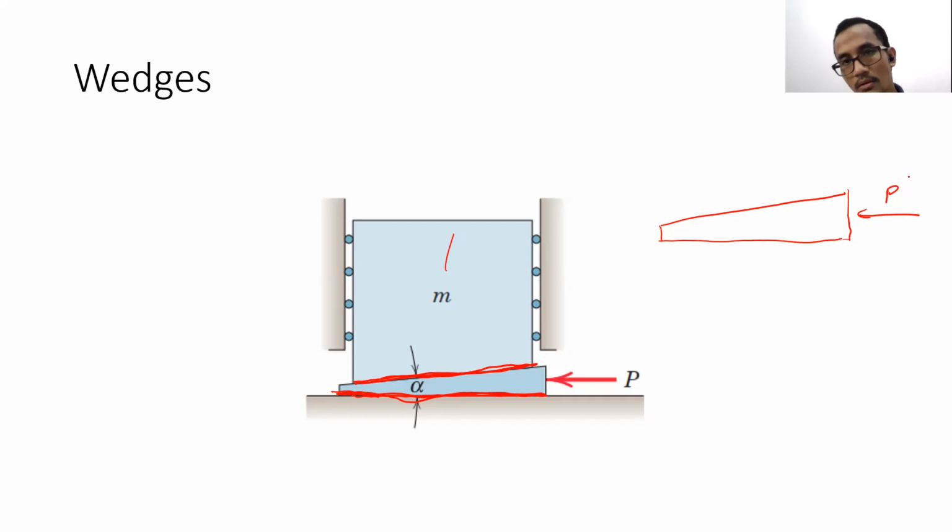Friction between the floor and the wedge, going right. Between the floor and the wedge, there is a friction. But in order for us to have friction there must be something else, right? Friction force needs a normal force.